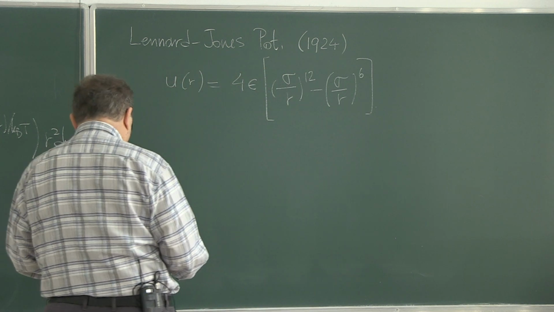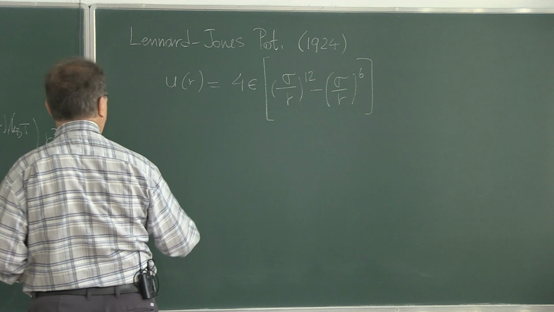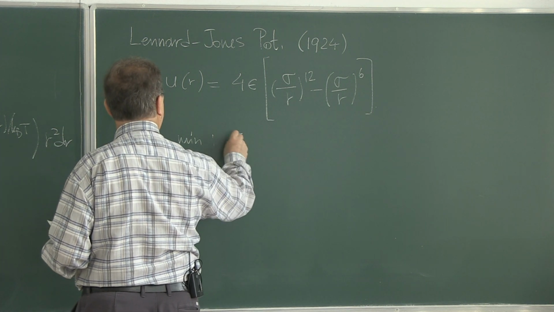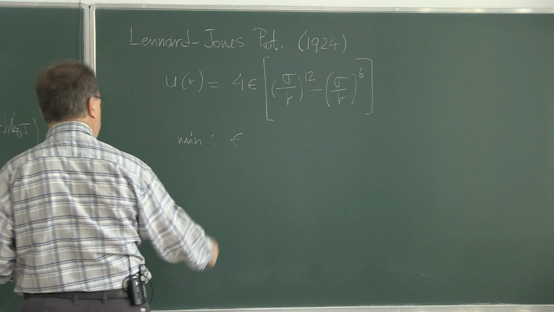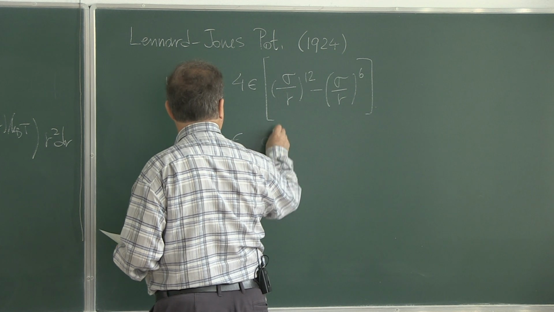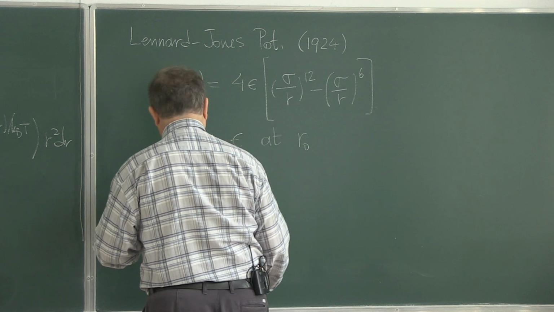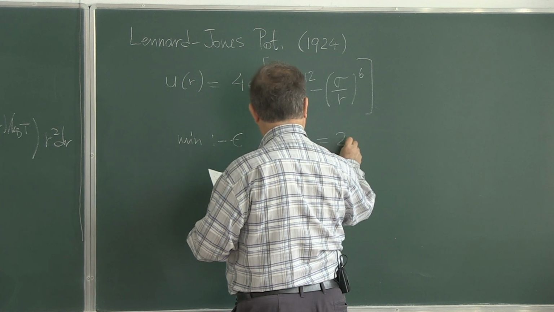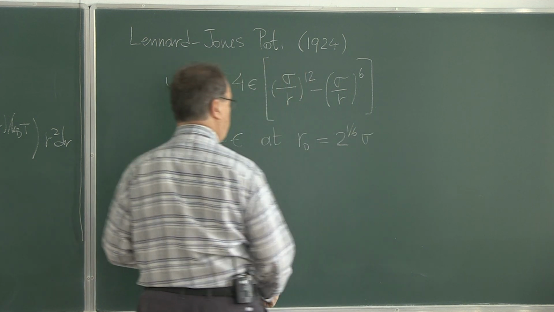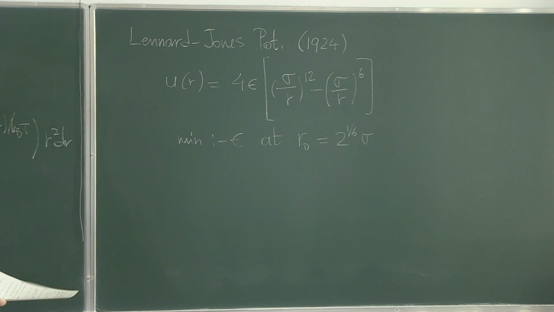So, with this potential, whose minimum is minus epsilon at a distance r0, 2 to the power 1 over 6 sigma, okay? Take derivative, put equal to 0, and find r.